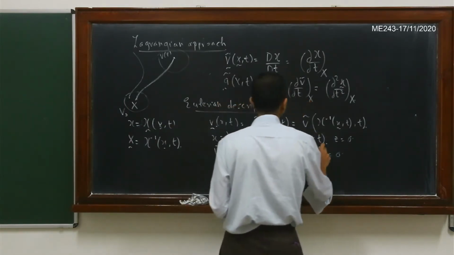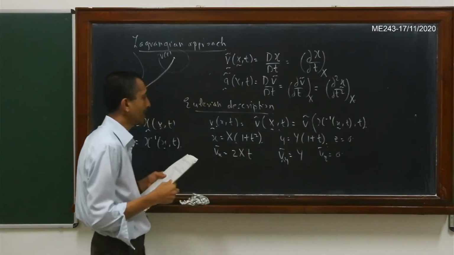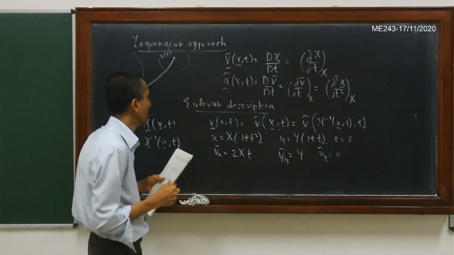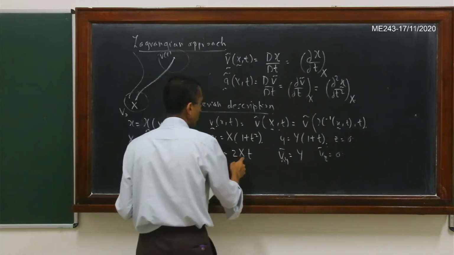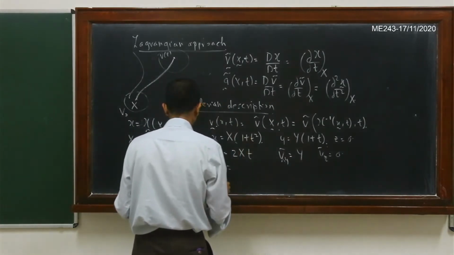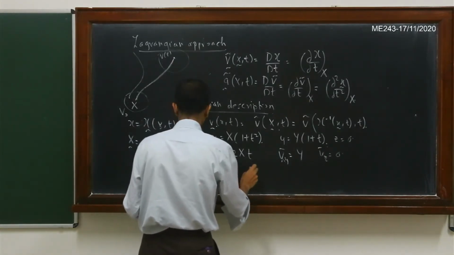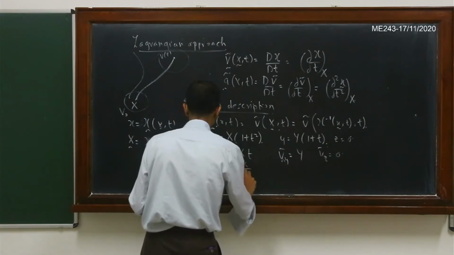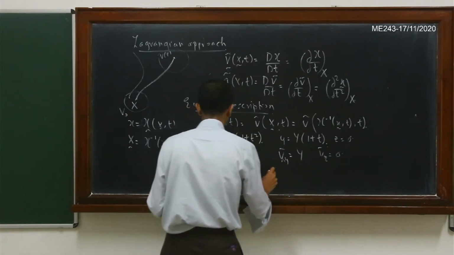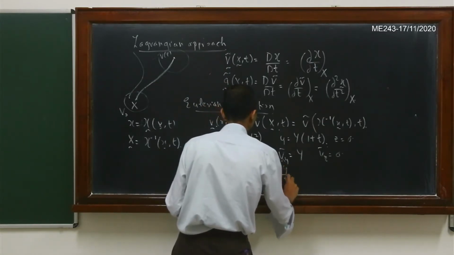Now in order to get the Eulerian picture here, all you do is substitute capital X in terms of small x. So if I substitute, let me write capital X as equal to small x divided by 1 plus t square, and capital Y is equal to y divided by 1 plus t.